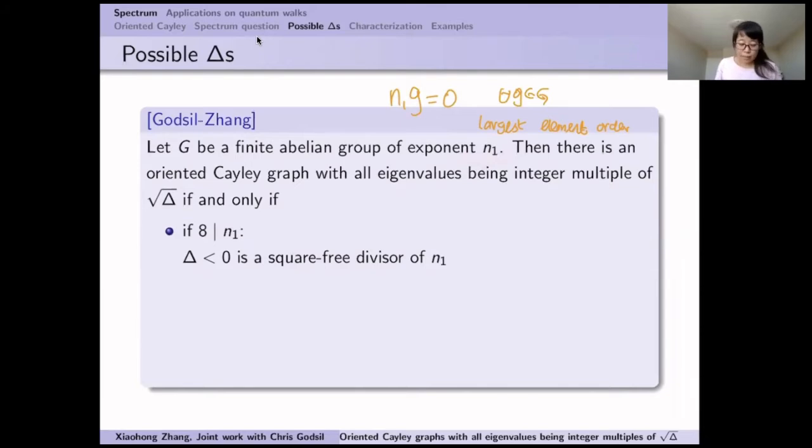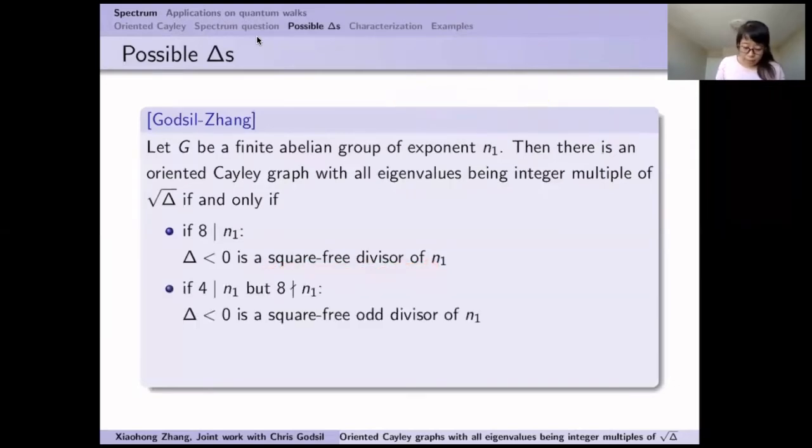To check which deltas are realizable, we need to check the multiplicity of 2 as a factor of N1. If N1 is a multiple of 8, then all the square-free divisors of N1 are realizable.